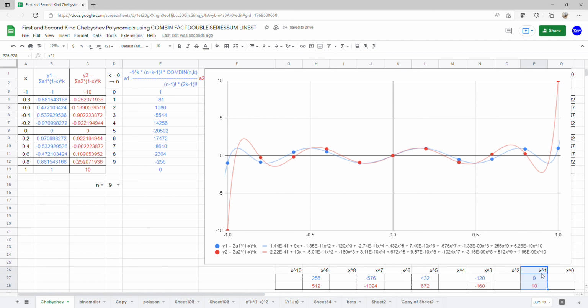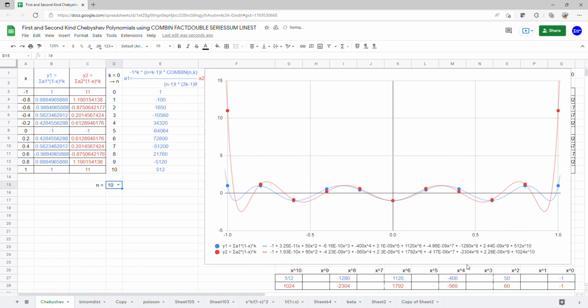That is x, 9, 10, so 9x and 10x. X cubed minus 120, minus 160. X to the 5th, 432, 672. X to the 7th, minus 576, minus 1024. X to the 9th, 256, 512.